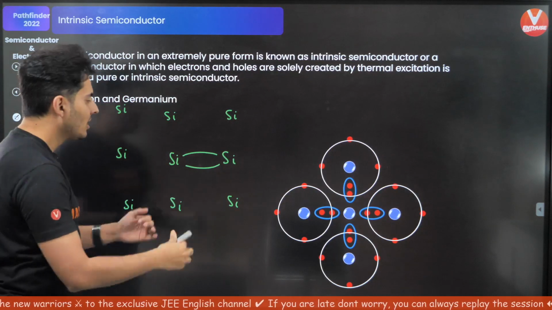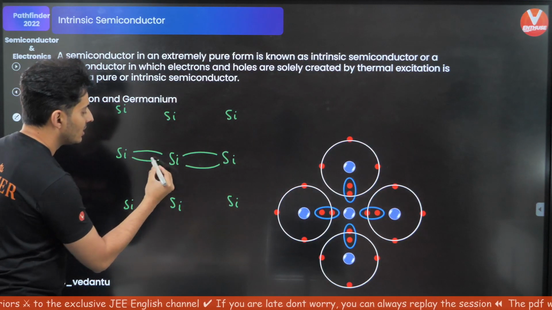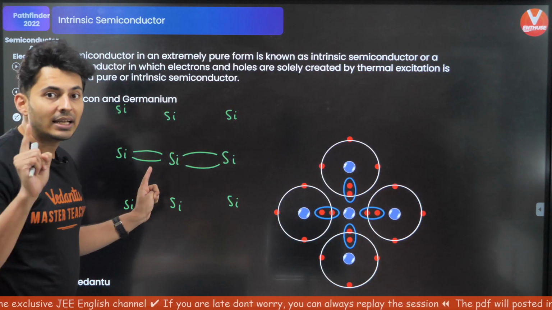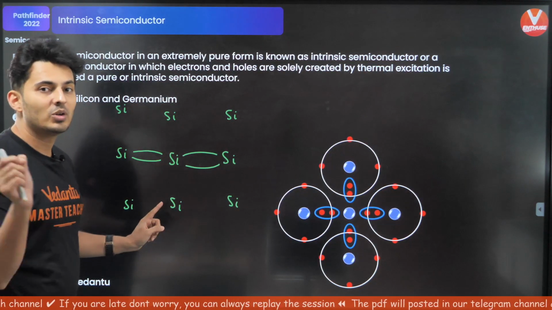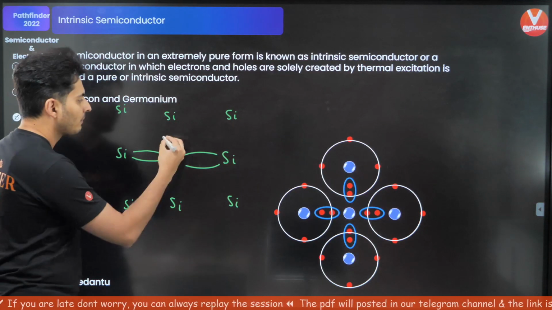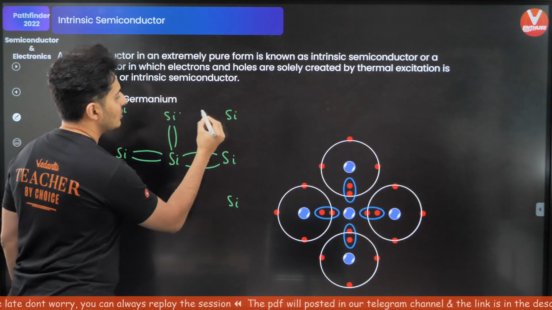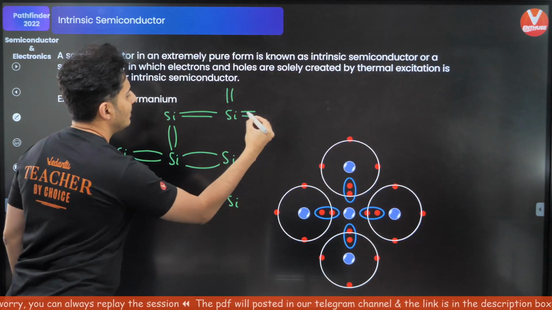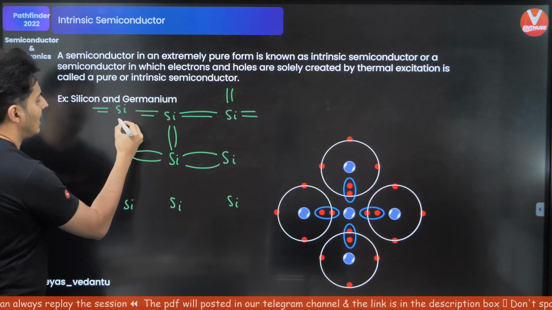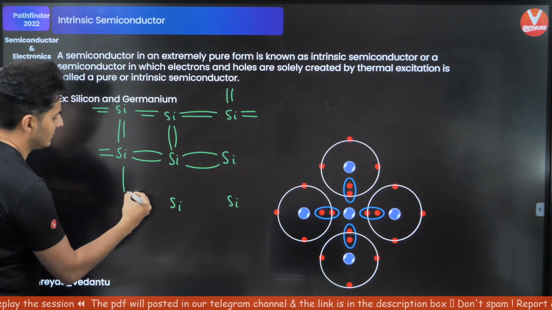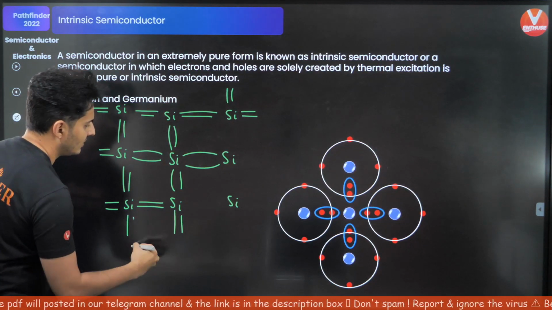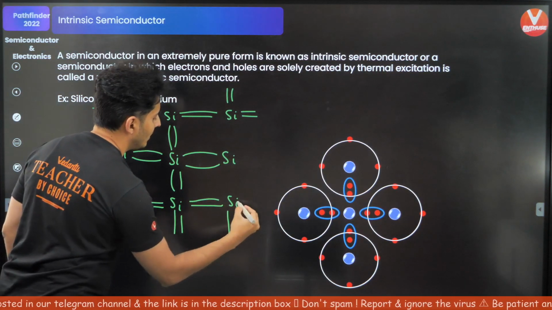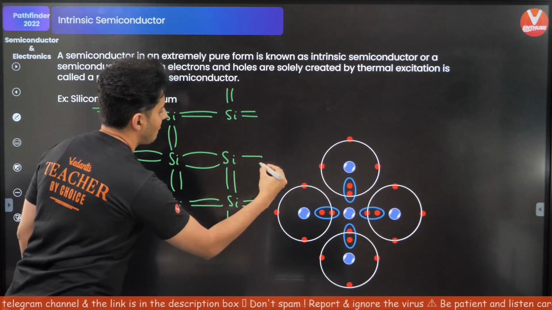They will form bonds with the neighbors. It's not a double bond. Each line, don't get confused, represents the contribution of electrons. As such, it's just 1 bond, and so on and so forth, and it will obviously extend as far as the solid is large.